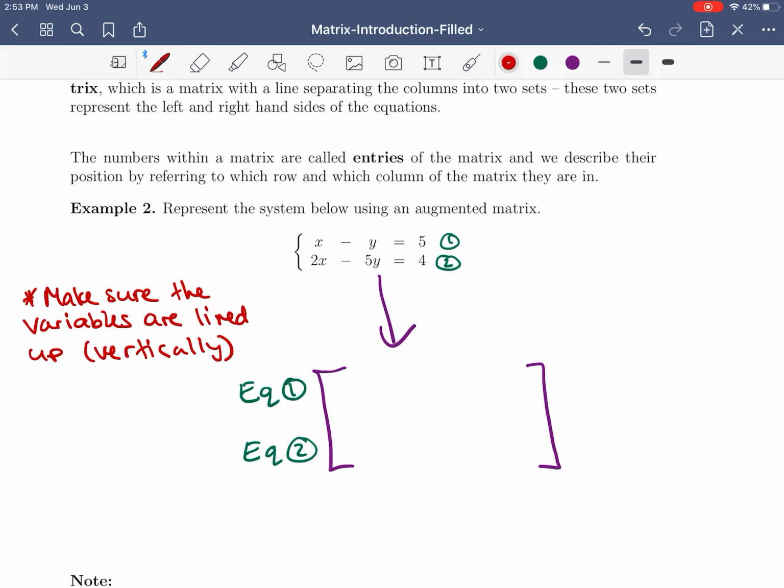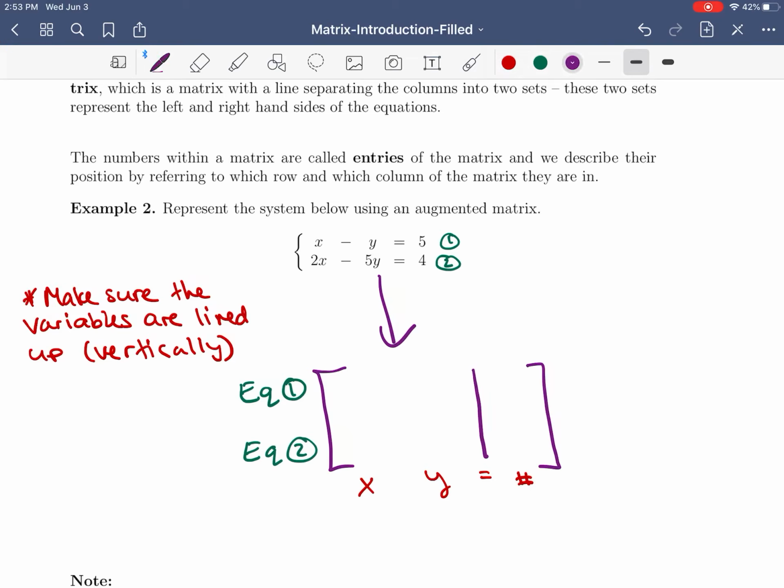The columns are going to be a column for x's, a column for y's, and then we're going to have our vertical line, which some people do as a dotted line. That's for the equals. And then we're going to have a column for the numbers, the constants that are on the other side.